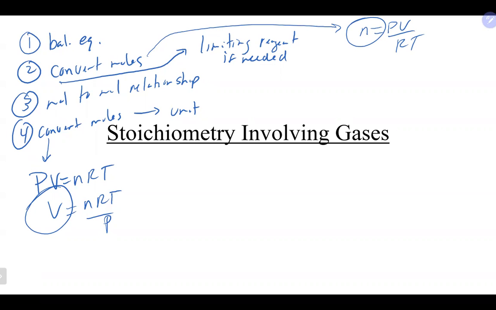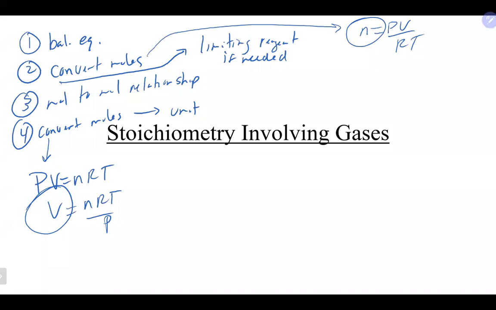In most cases, using it at the end with volume is very common. But like we did in the second experiment, you actually need to use the ideal gas law up front to get the moles and back calculate that way. So it can be used in either direction.